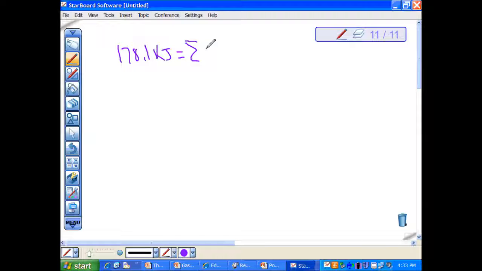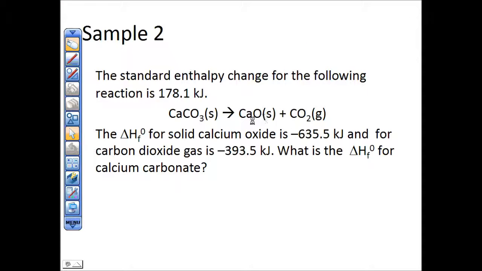And we have 1, and we would look up, this will be calcium oxide.